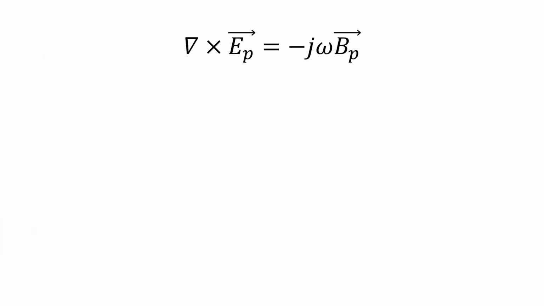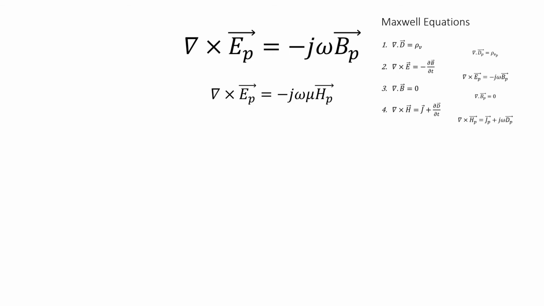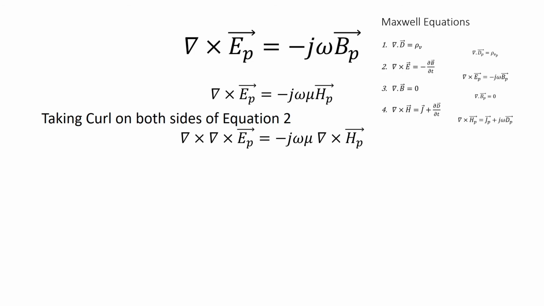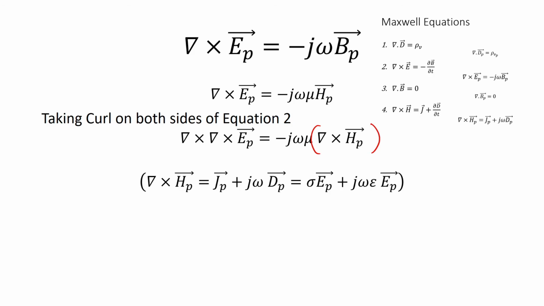I know that del cross Ep bar is equal to minus j omega Bp bar, and I can also write this to be equal to minus j omega mu Hp bar. Taking curl on both sides of equation 2, I can write this to be del cross del cross Ep bar is equal to minus j omega mu times del cross Hp bar. But del cross Hp bar is equal to, as we have seen earlier, sigma Ep bar plus j omega epsilon Ep bar.